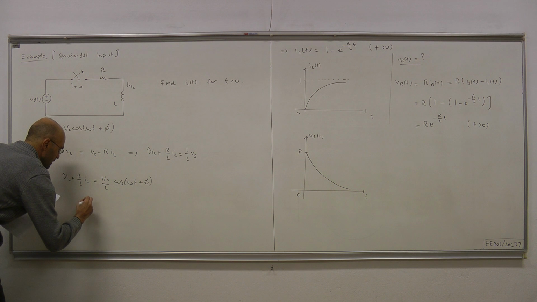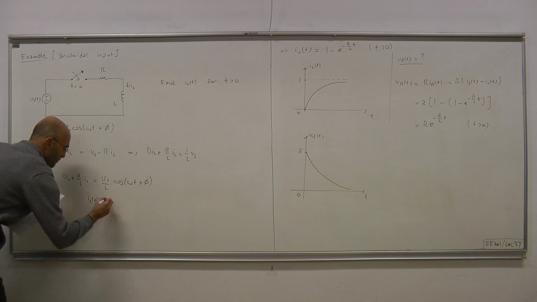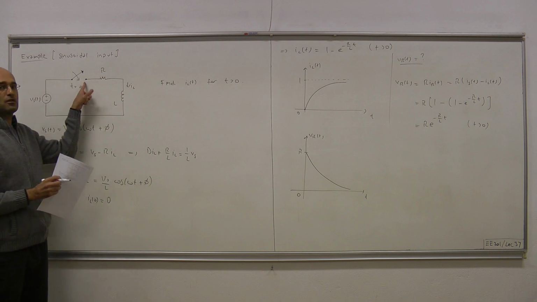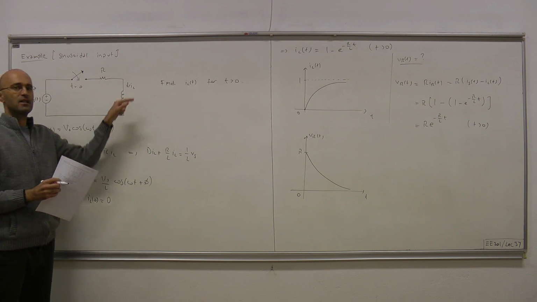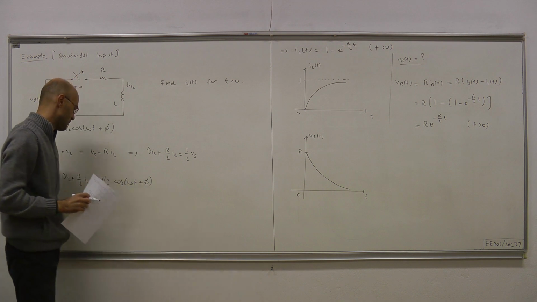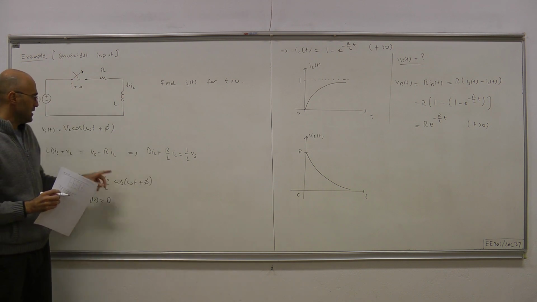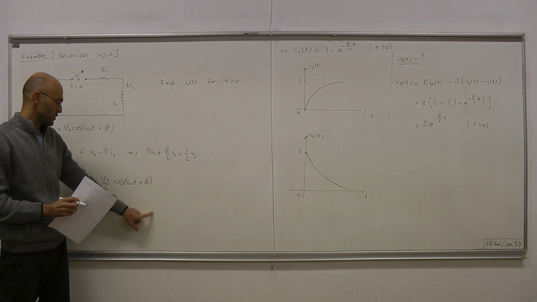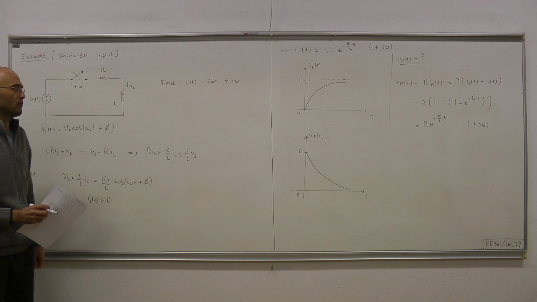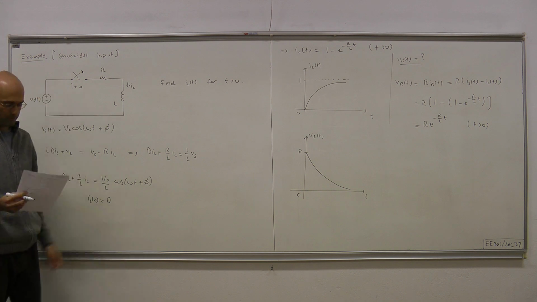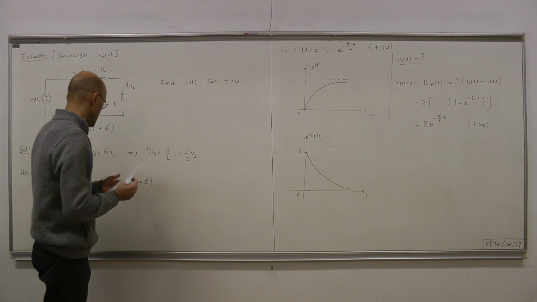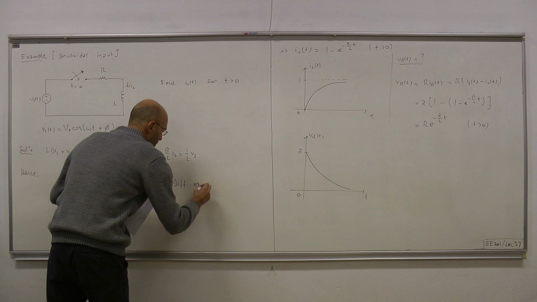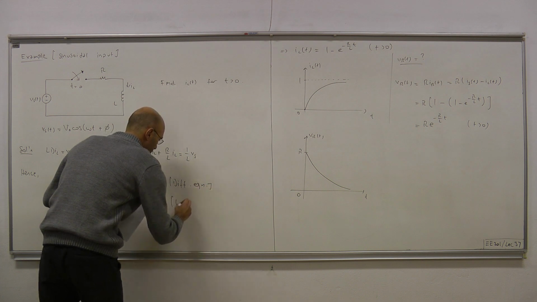And what's more, we have IL(0) equals 0, which we gather from this switch. Switch open means that initially no current can be flowing over the inductor. The solution that we find should satisfy both of these constraints: this is the differential equation constraint, and this is the initial condition constraint.